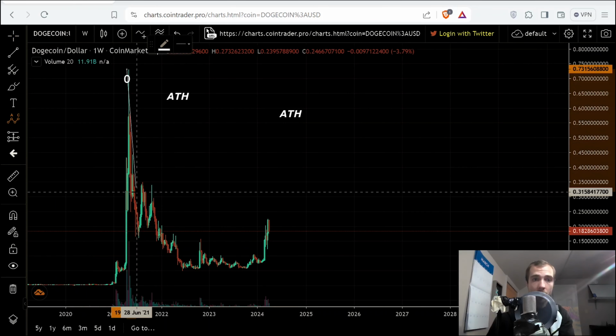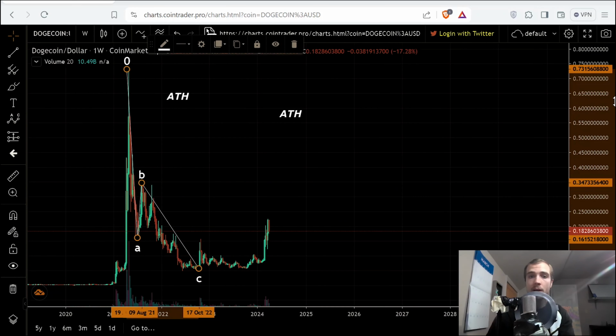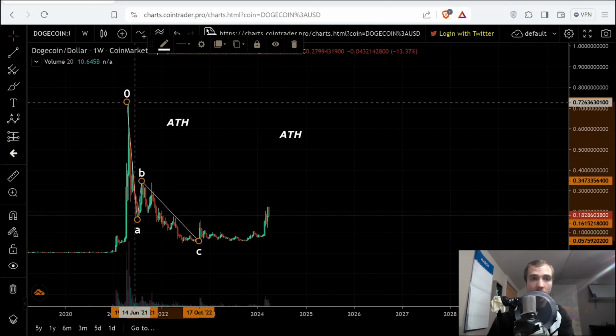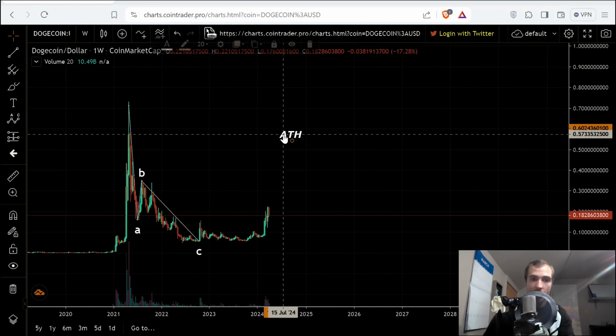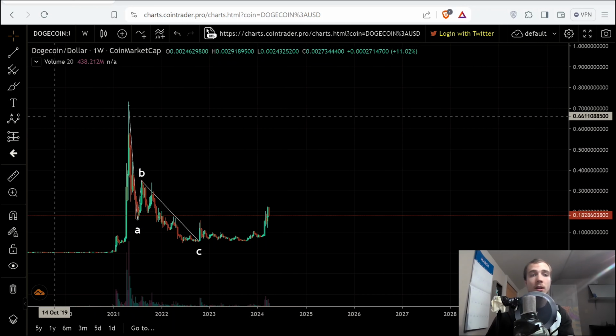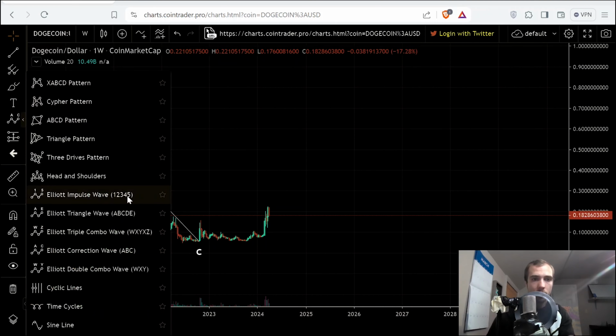Whether you're on the logarithmic chart and you're seeing a massive bullish Elliott wave count, or whether you're on the linear chart here and you're seeing another bullish Elliott wave setup, both the linear chart and the logarithmic chart are both looking very bullish on Dogecoin.